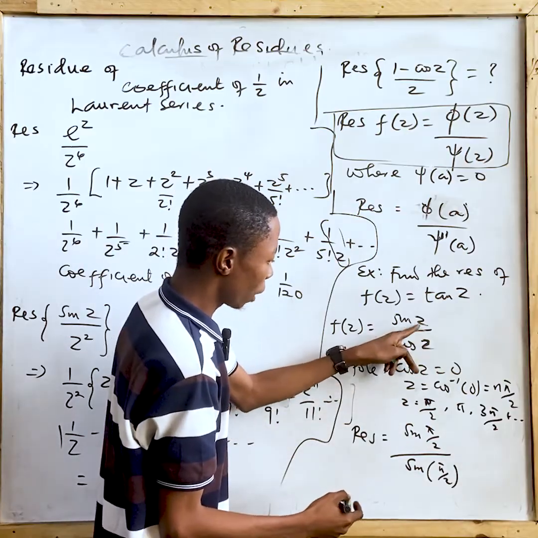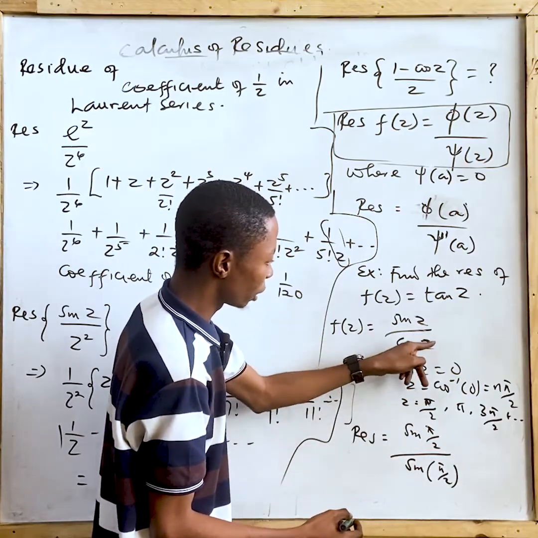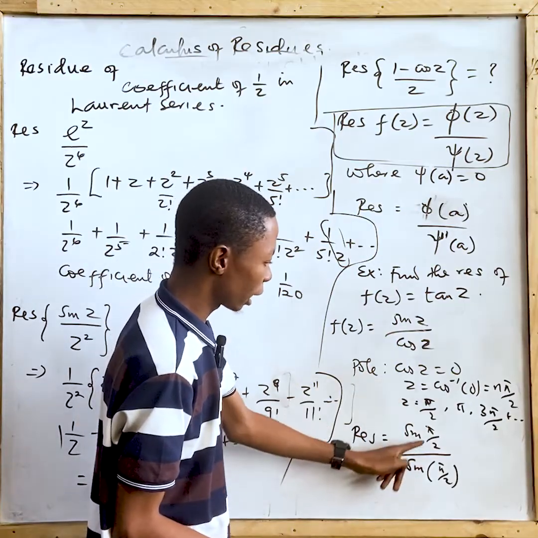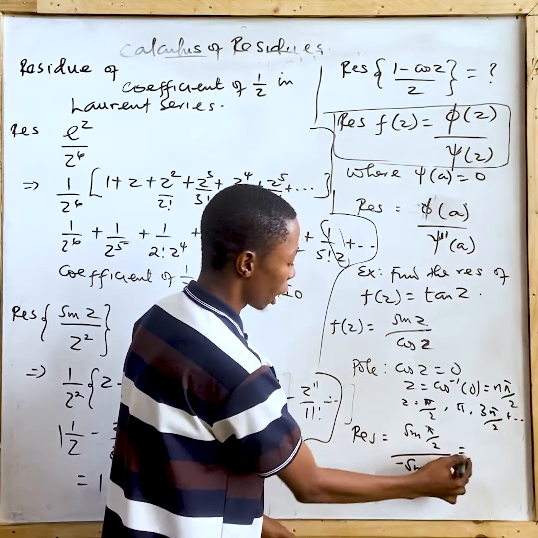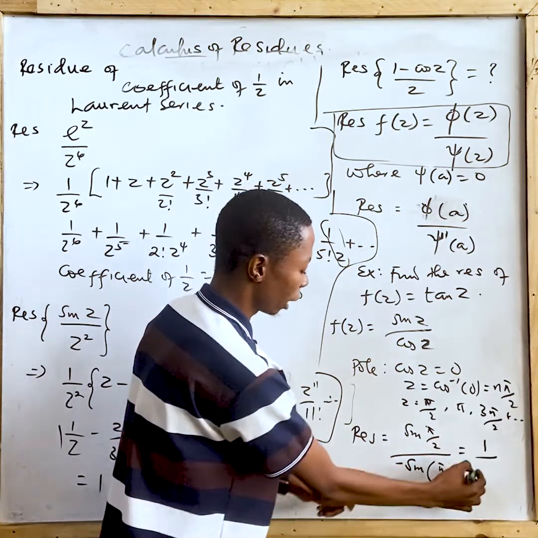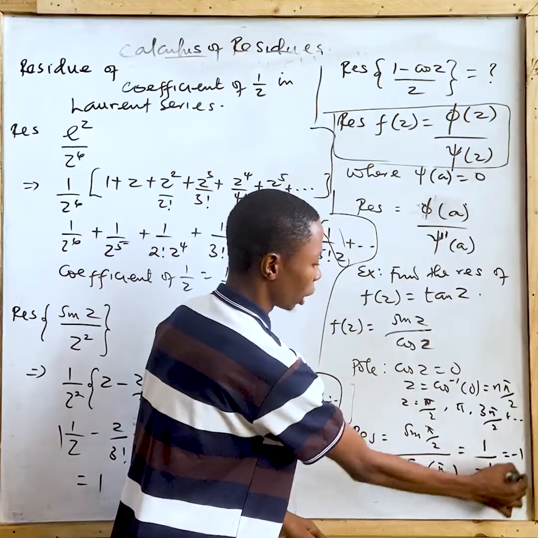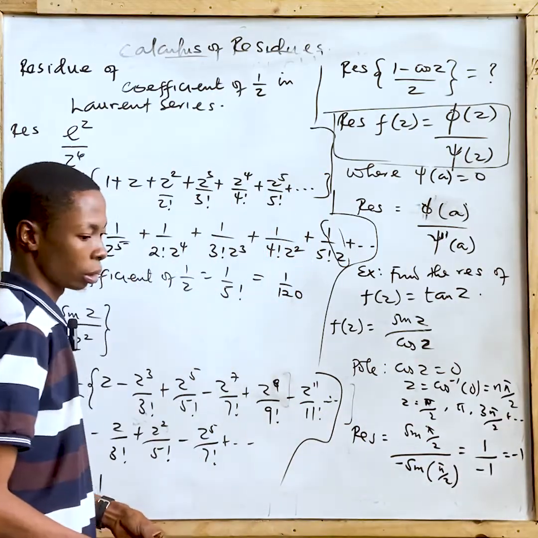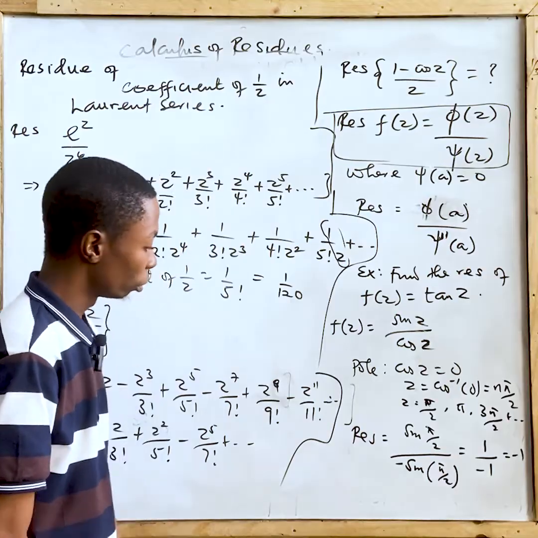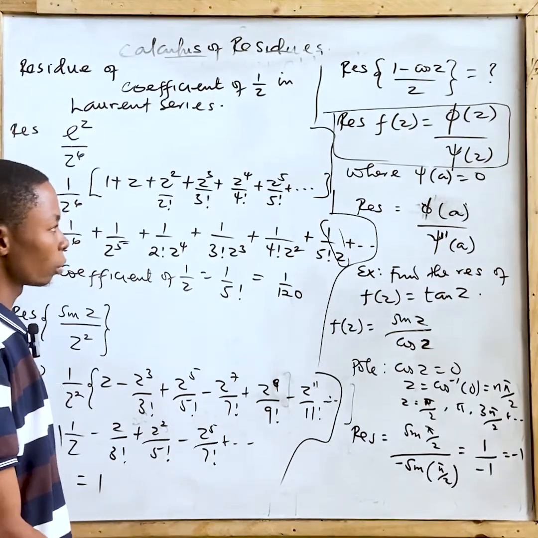So I have sine pi over 2. If I differentiate cos z, that will be minus sine z at z equals pi over 2. Sine 90 is 1, so sine pi over 2 is also 1. With this minus, I'm going to have minus 1. So the residue at pi over 2 is minus 1.